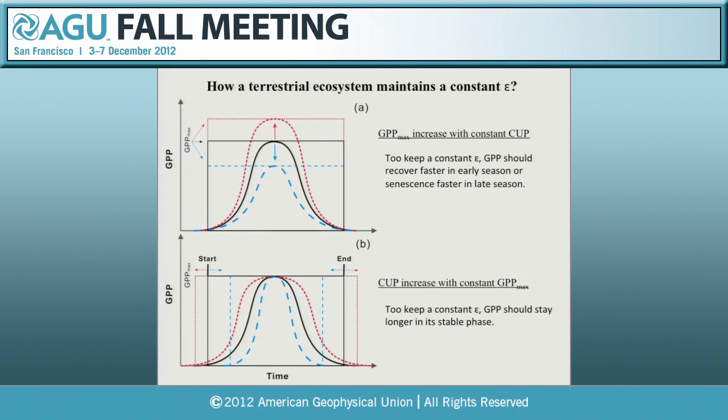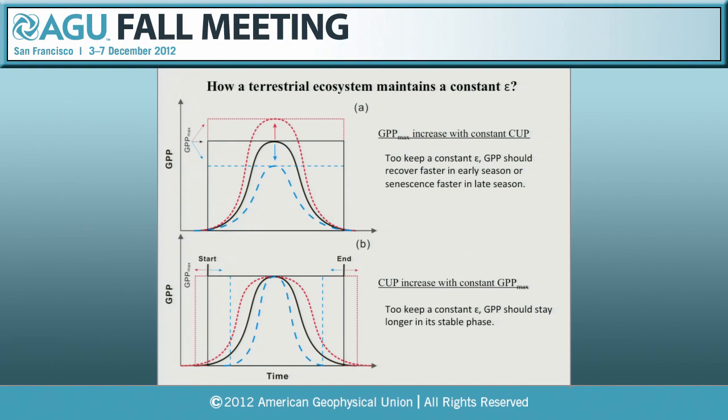Let's say in an ecosystem the phenology didn't change, but somehow the physiology changed, becoming higher or lower. In order to maintain that conservative ratio, the system has to have GPP increase much faster for a higher maximum GPP, and drop much quicker in fall.